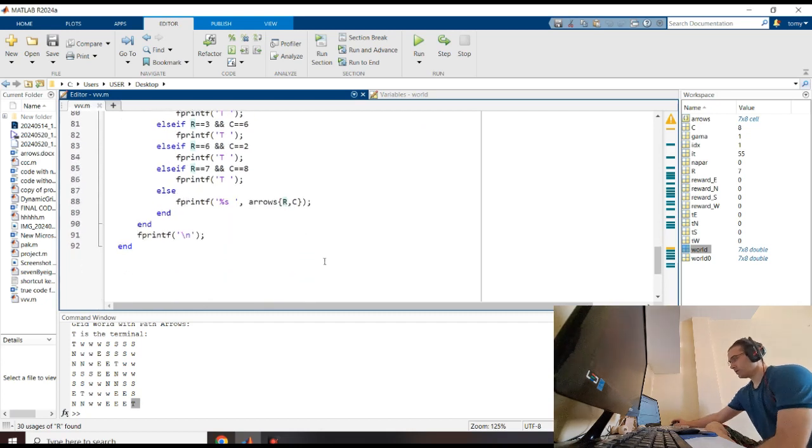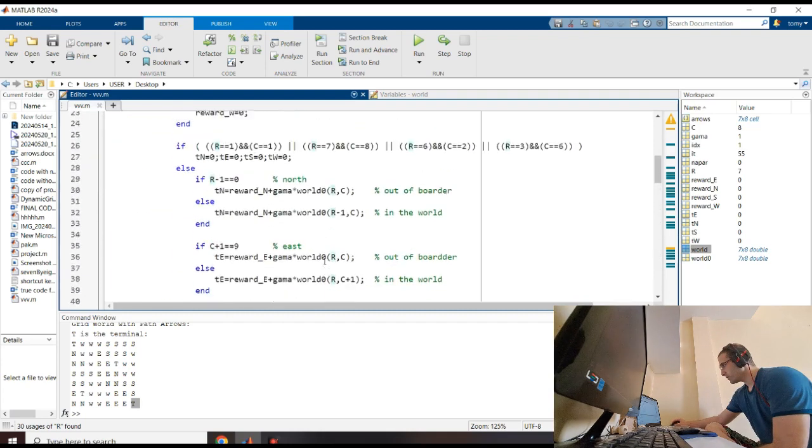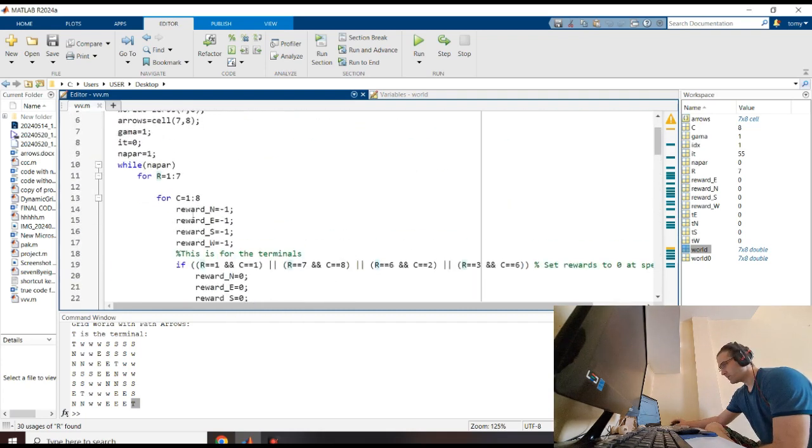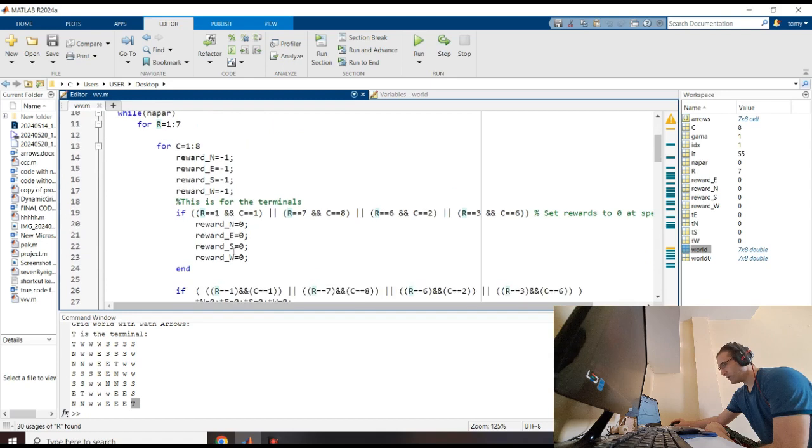I'm thinking about where the rewards are. I think this is rewards. Here and here are the rewards. Rewards section. Let's say rewards for terminal.